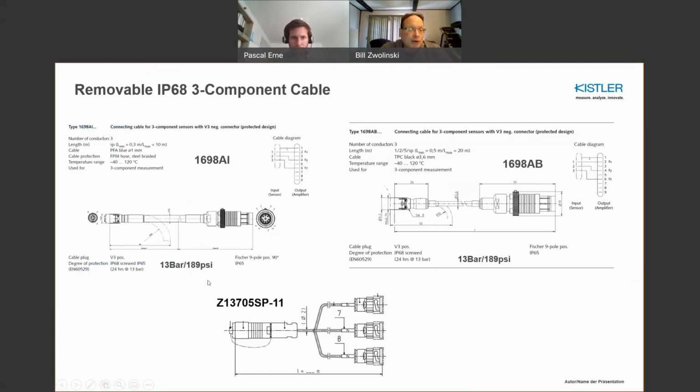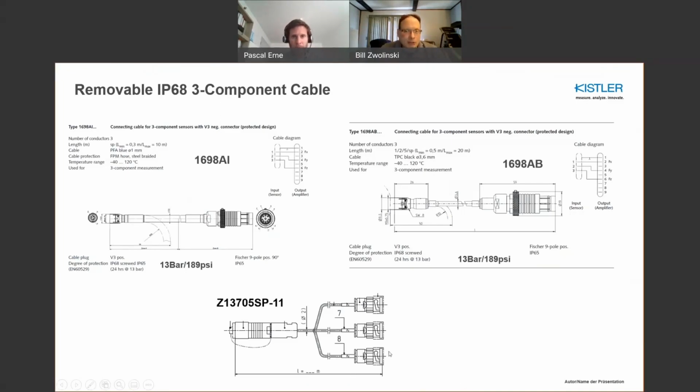It's very much qualified for IP68 at, like I say, 190 psi, whereas there's a more flexible AB cable that's also qualified up to 13 bar, but you really have to take care here to make sure that you have strain relief near the connector so the cable doesn't bend too appreciably, where the connector can be dislodged due to poor strain relief. So you really need a good strain relief solution to use a more flexible cable. But fundamentally, they both work quite well. We've used both in tow tank applications.